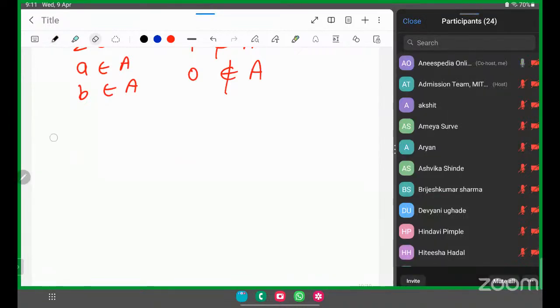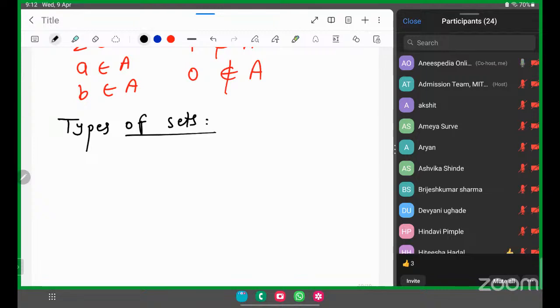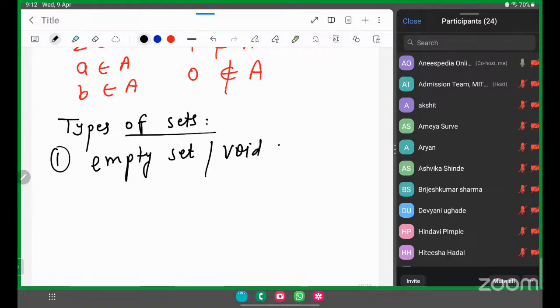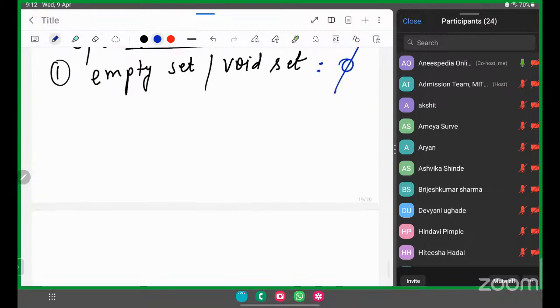Okay, next point is types of sets. First is known as the empty set or void set. This is given by phi or open curly bracket. You have to put nothing into the bracket, not even a dot.